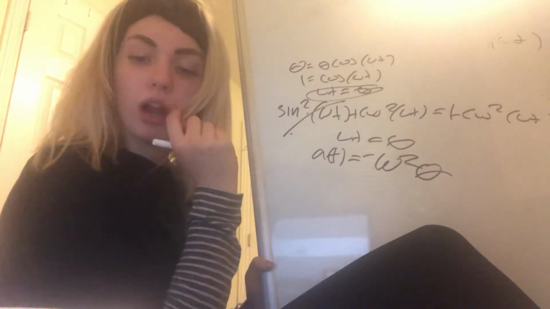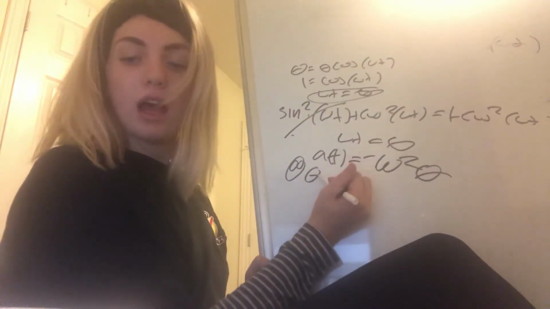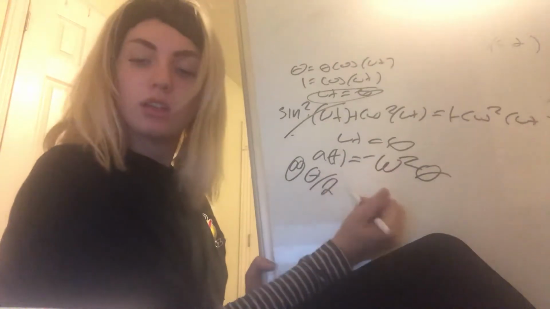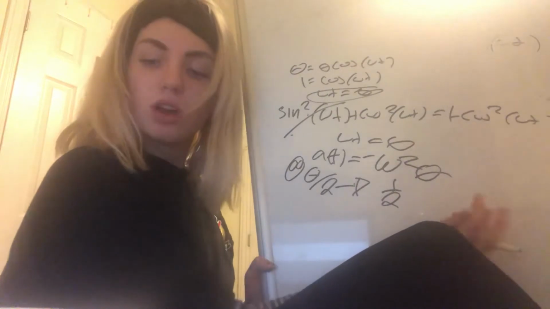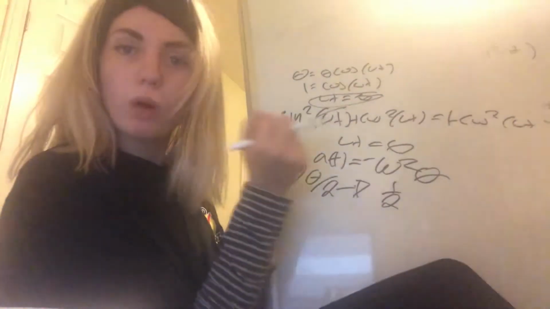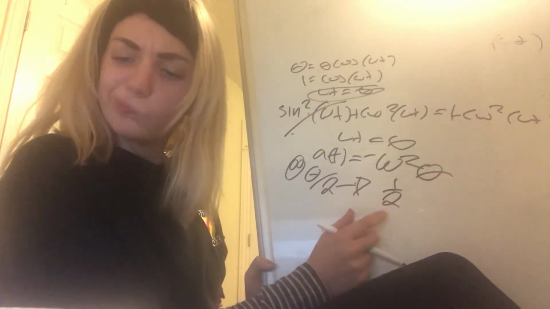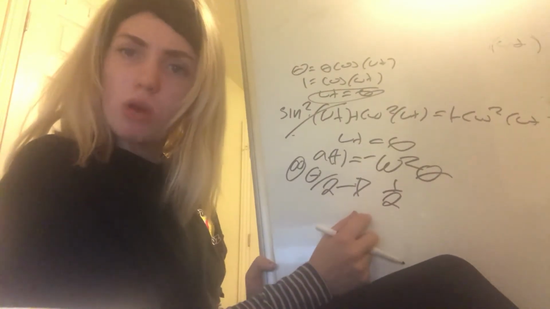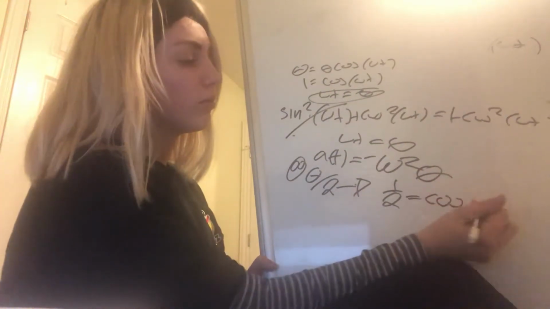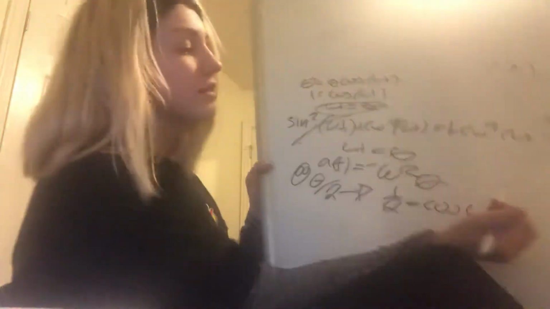And then for theta over 2, I just plug it into the equation. So that's a 1/2 equals cosine omega t. So omega t equals pi thirds.